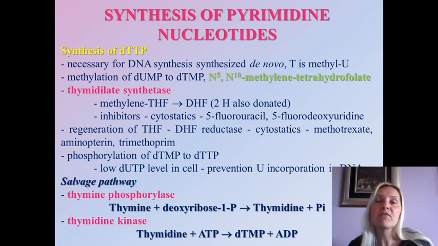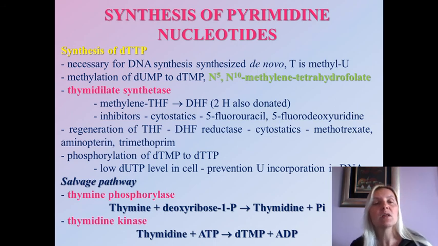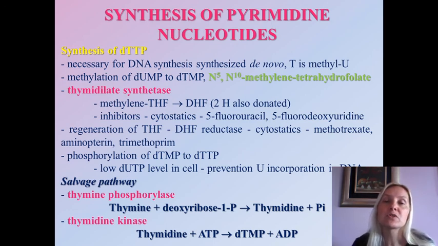And if this enzyme is inhibited by certain compounds, they can also act as potential cytostatic molecules, because if you inhibit DHF reductase, you will indirectly inhibit the biosynthesis of dTTP, which can be very important to prevent the DNA synthesis of fast proliferating malignant cells.